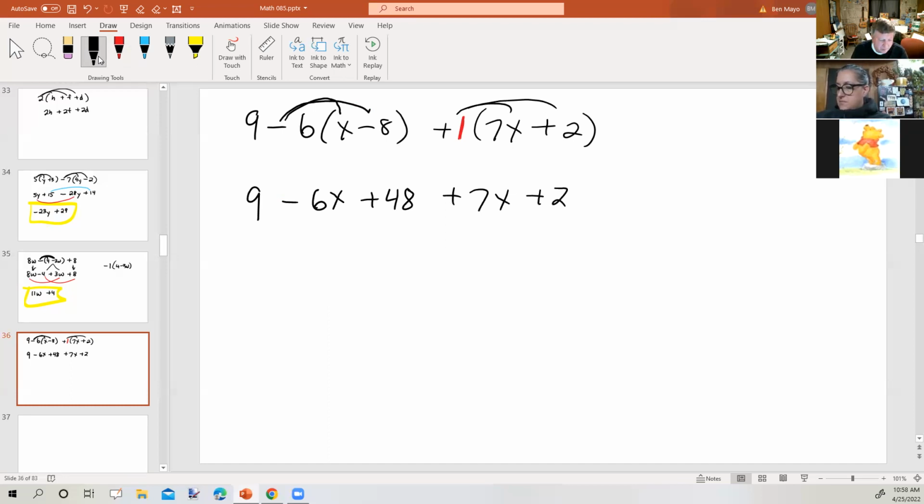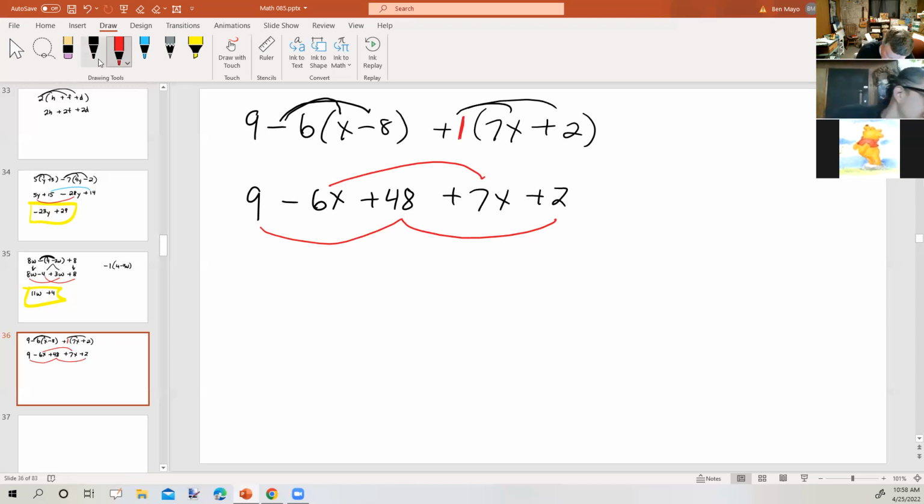Now, I'm going to combine like terms. This and this and this go together, and that go together. But at the same time, I'm going to put it in standard form. That is, I'm going to put the term with the variable first. So minus 6x plus 7x would be 1x, but I don't need to write the 1 in front.